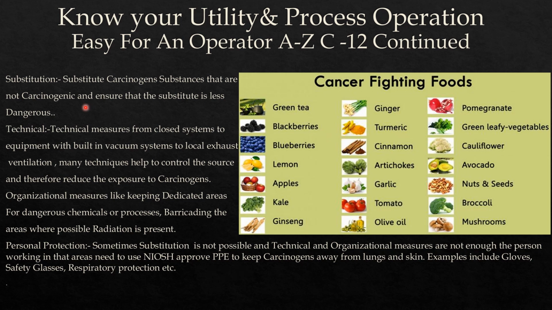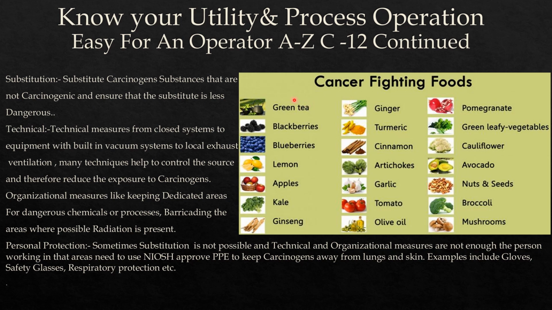Now we can see the cancer-fighting foods: green tea, blackberries, blueberries, lemon, apple, kale, ginseng, ginger, turmeric, cinnamon, artichokes, garlic, tomato, olive oil, pomegranate, green leaf vegetables, cauliflower, avocado, nuts, seeds, broccoli, and mushrooms.